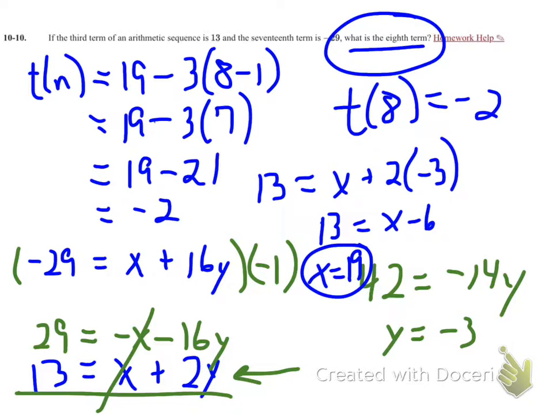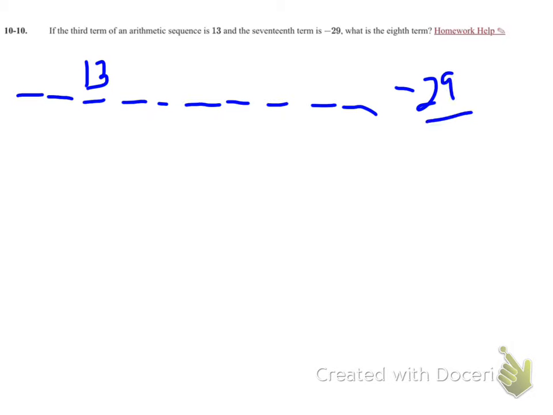There is another way we could figure this one out if you didn't like that method. If I think of this now written as a sequence, I have the third term here as 13, and then I get a bunch of other terms here, and then it's negative 29 here at the 17th term. This is the third.